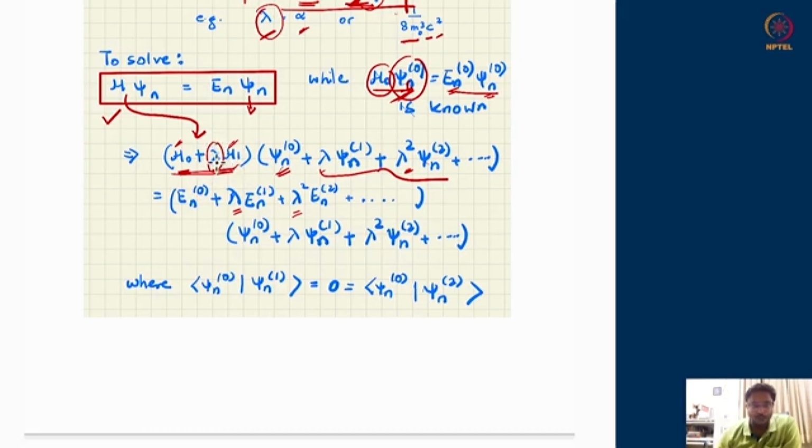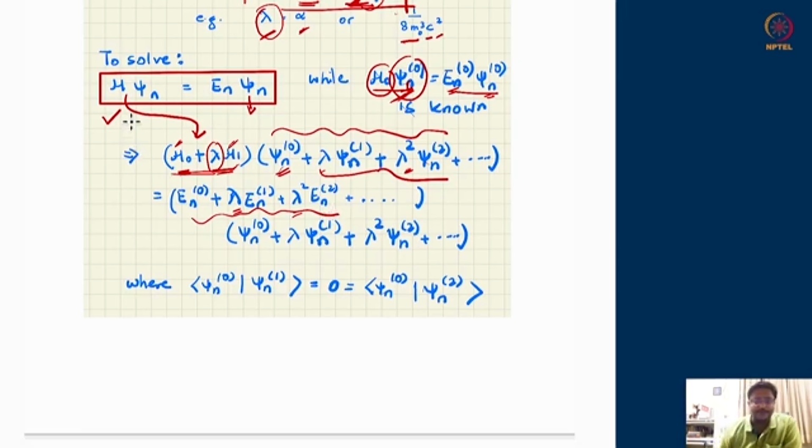But I do not know if the effect of lambda will only remain in the wave function at linear order, or in the eigenvalue at linear order. This I need to check and prove. So in principle, I am allowing for a power series expansion in the unknown things, which are the wave function and the energy eigenvalues. There I am not sure if the corrections are only order lambda. They can be order lambda squared or higher orders as well.